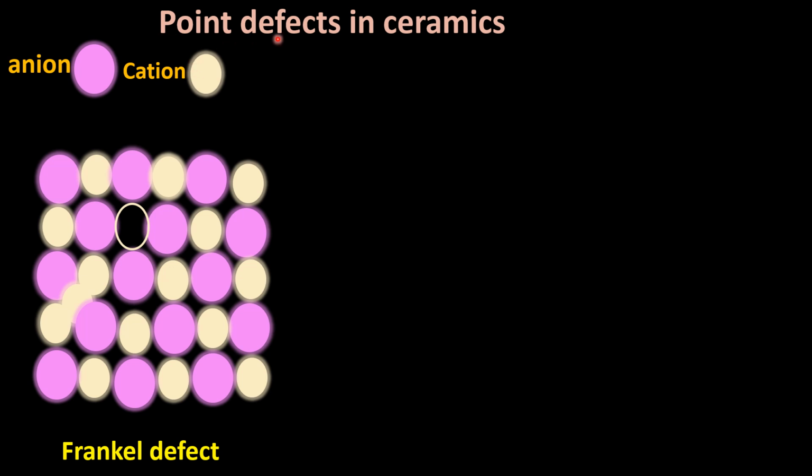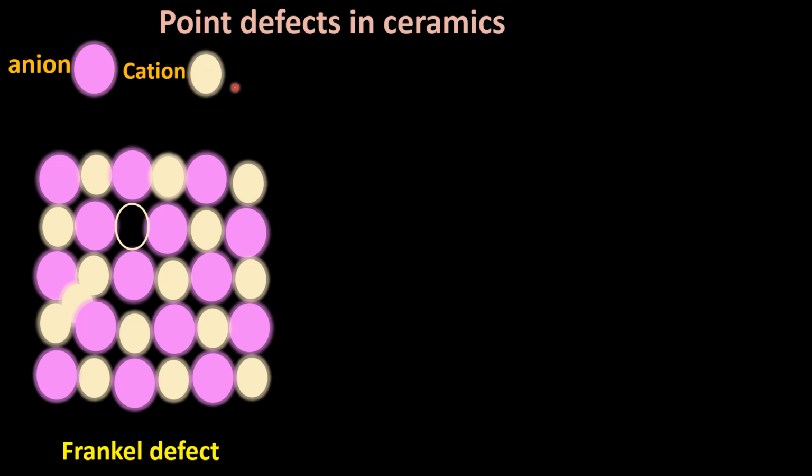Now we are going to discuss the point defects in the case of ceramic materials. In ceramic materials, we know that the ceramic exists in the form of ions, the cations and anions. Cations are of smaller size and anions are of larger size.